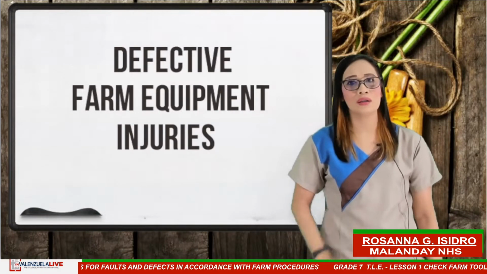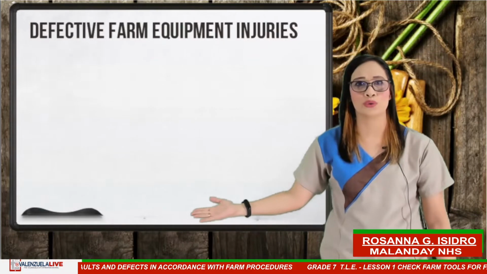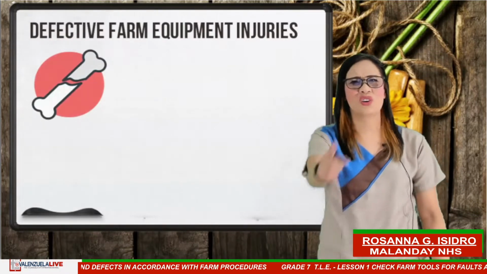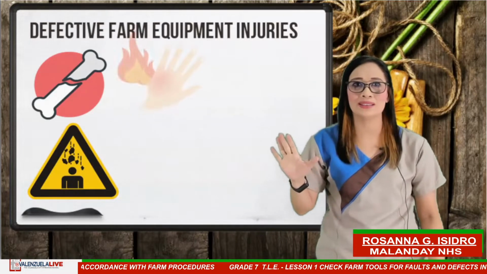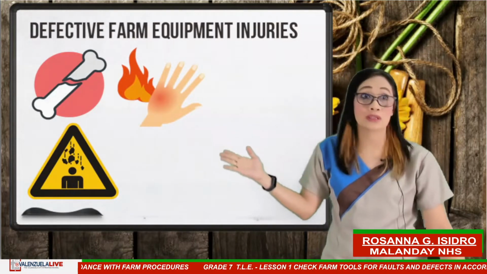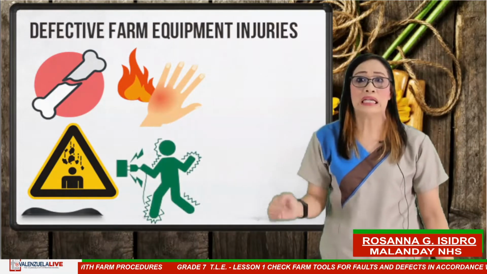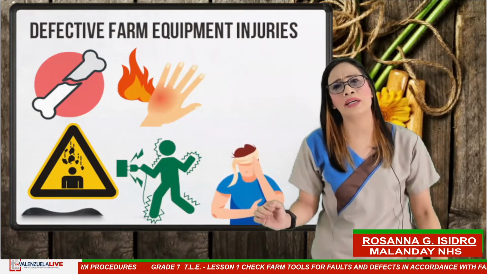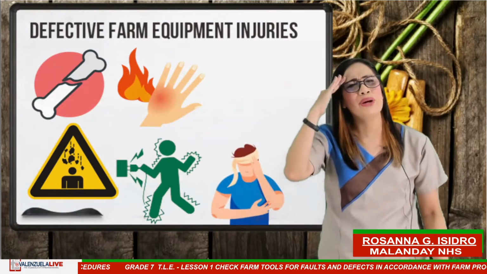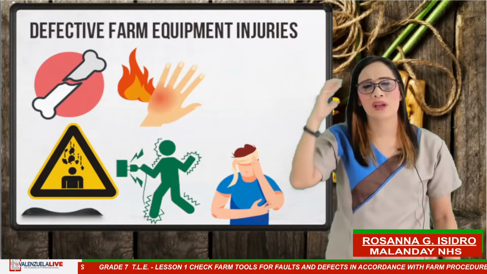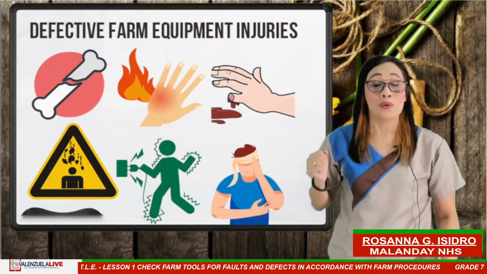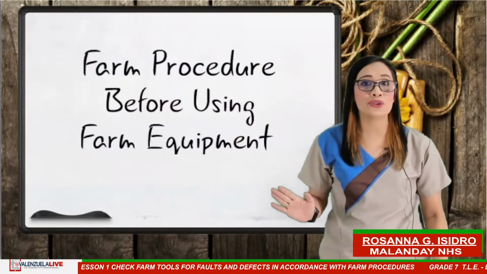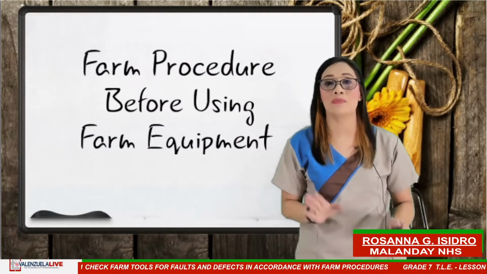Those are broken bones, crush injury, burns, electrocution, spinal cord and traumatic brain injury, and amputation injury. We have also farm procedures before using farm equipment.